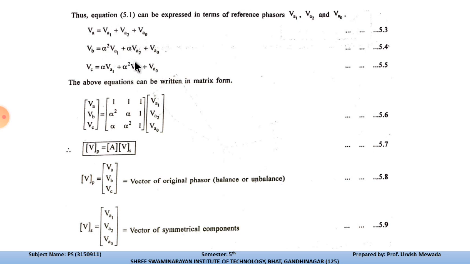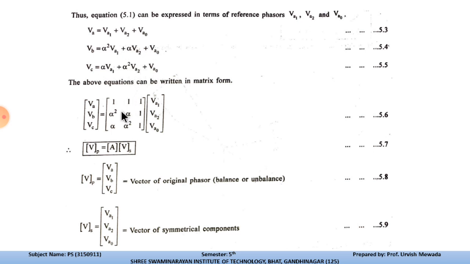From that we can write these equations in terms of a matrix. The above equations can be written in matrix form, where VA, VB, and VC become one matrix. There is no operator in the first term, and only in the other terms we have the operator alpha. That's why the first row will be 1 1 1, then the second row is 1 alpha square alpha, and the third row is 1 alpha alpha square.